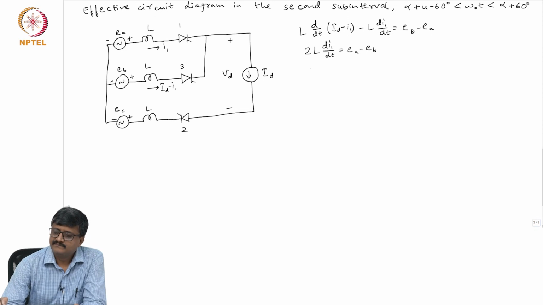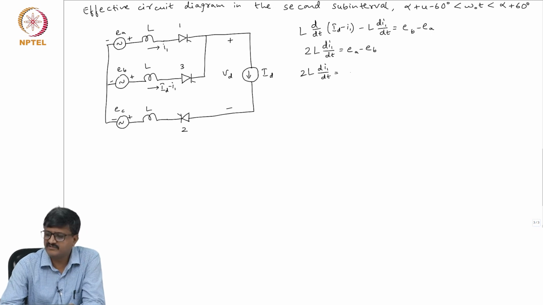So, 2L dI1 by dt is EA minus EB, which is the line voltage. So, what is the expression for EA minus EB? The peak value is root 2 V. EA has a phase angle of 150, EB has a phase angle of 30 degrees.